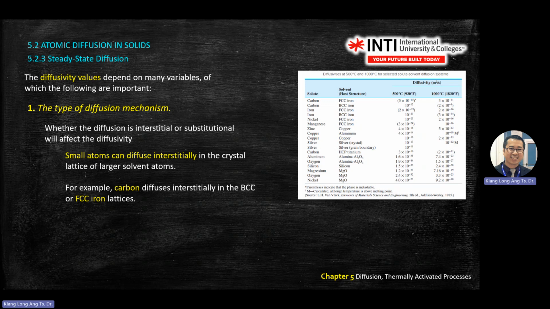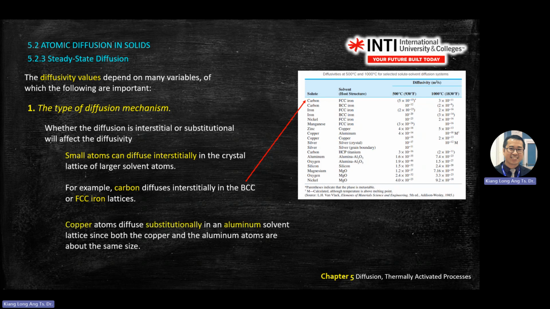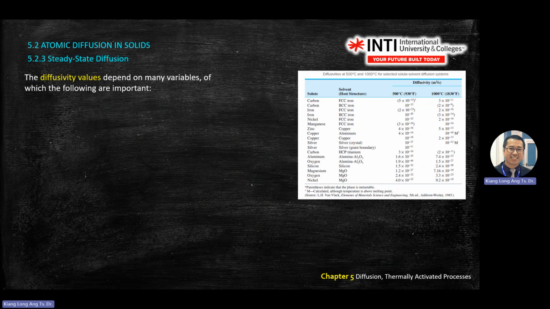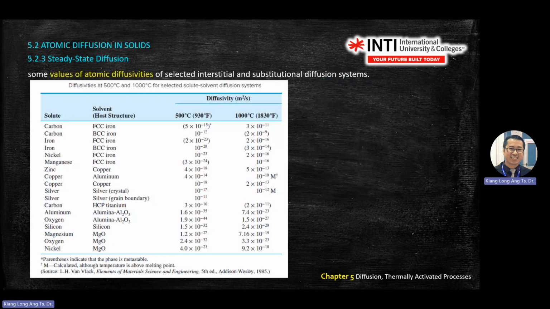If it's small atoms, then you see the numbers are a bit different compared to big atoms. For example, this one is carbon diffused in FCC iron. The value is 5 times 10 to the power minus 15.